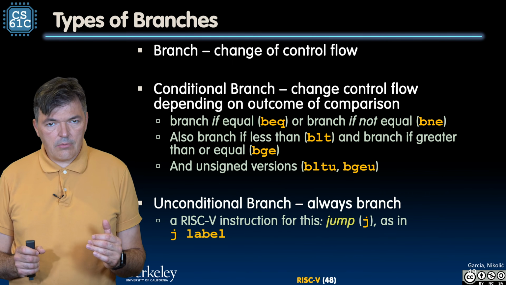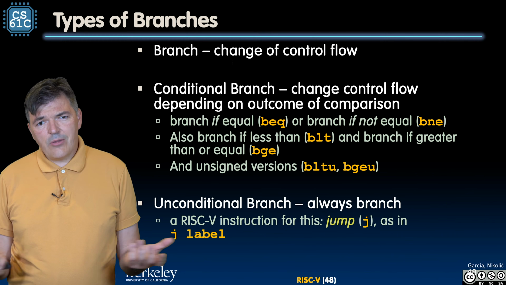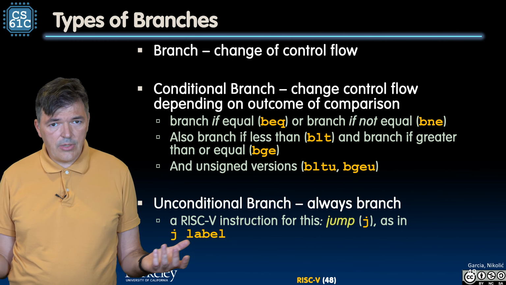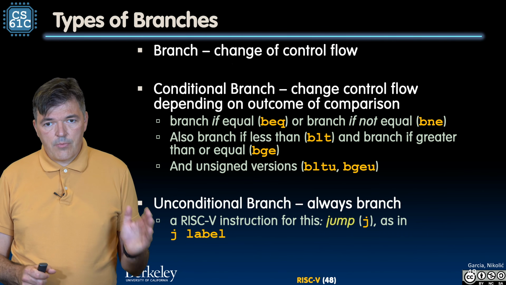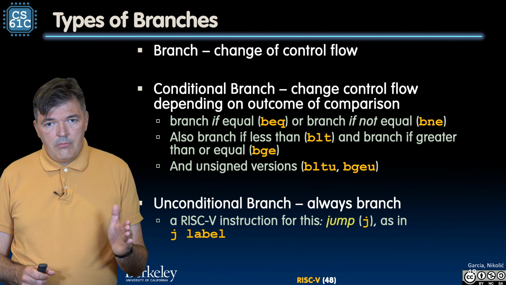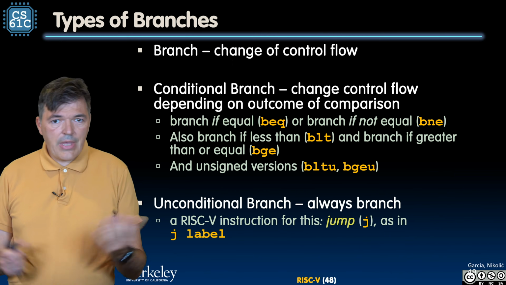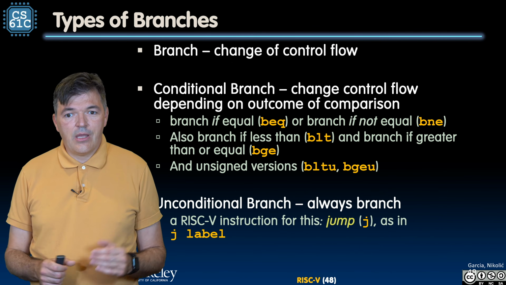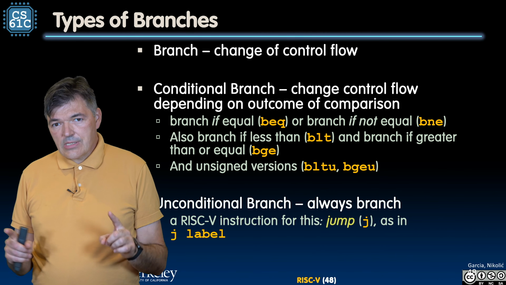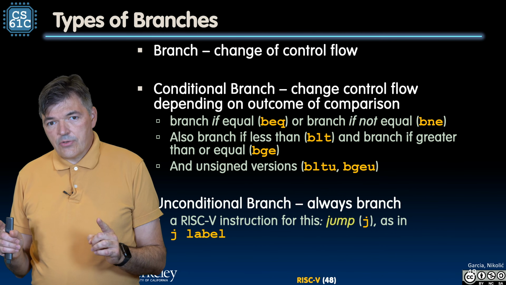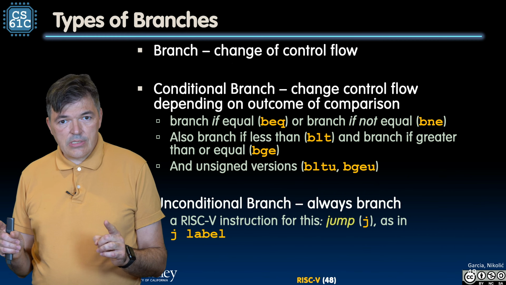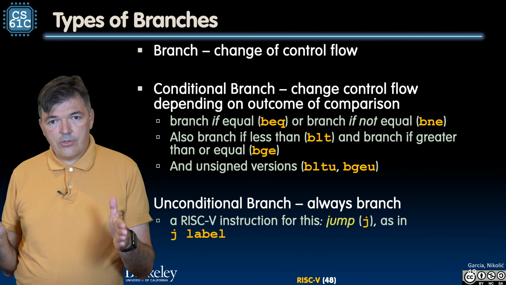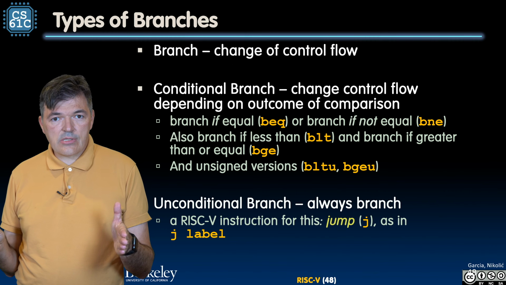Now, somebody may ask, can we just make an unconditional branch out of a conditional one? For example, we say branch if equal x0 label. Yeah, and that will definitely always jump to a label. But there is one subtlety there. The range of branches is shorter because we are limited to 32-bit instructions in RISC-V.